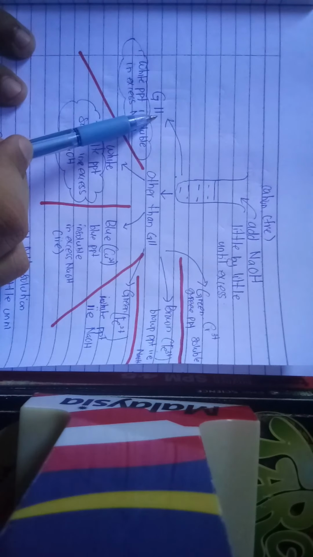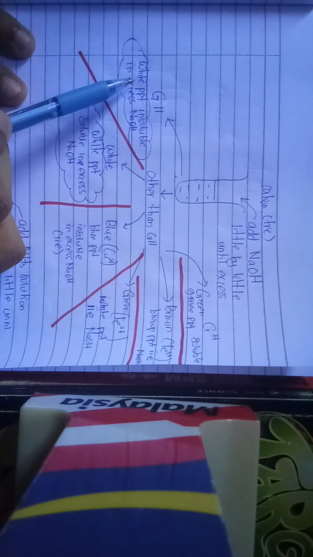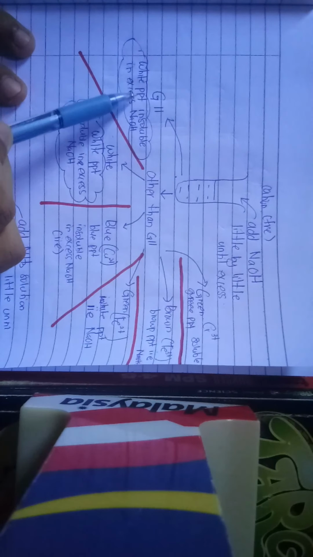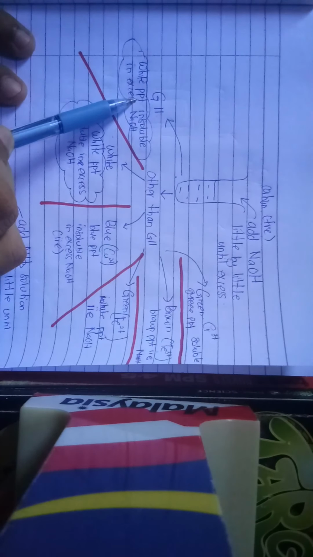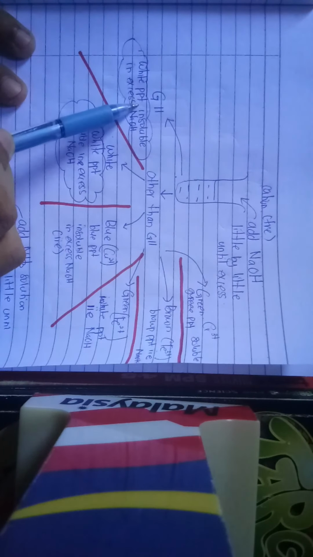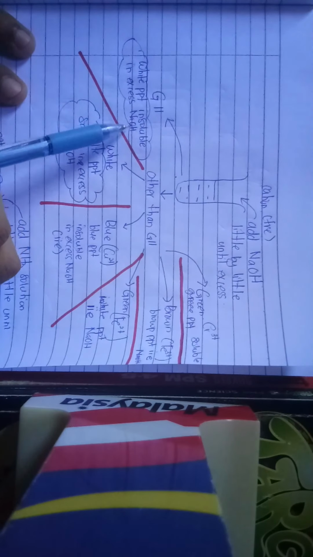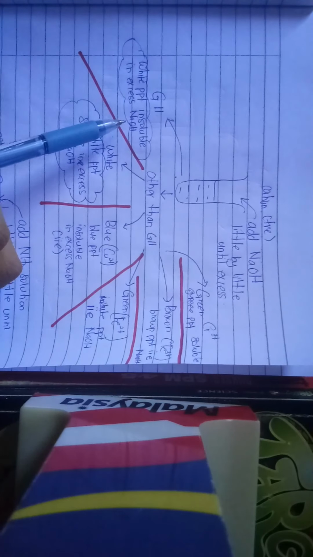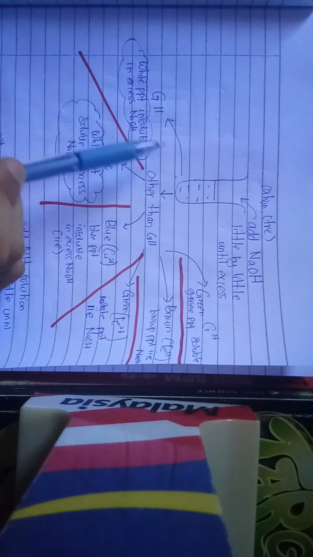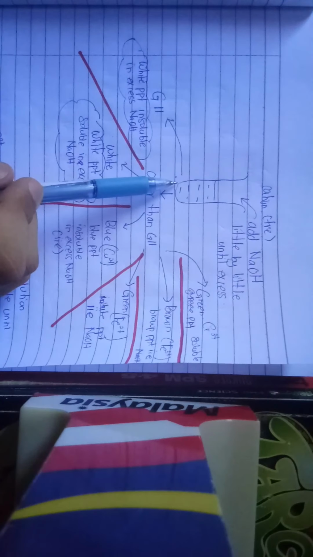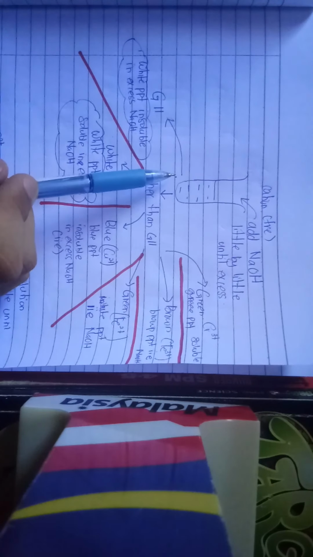If you have group 2 cation, the observation you will see is a white PPT, meaning white precipitate forms, and it is insoluble in excess sodium hydroxide. What does it mean? Initially, if you put a little bit of sodium hydroxide, they form white precipitate.